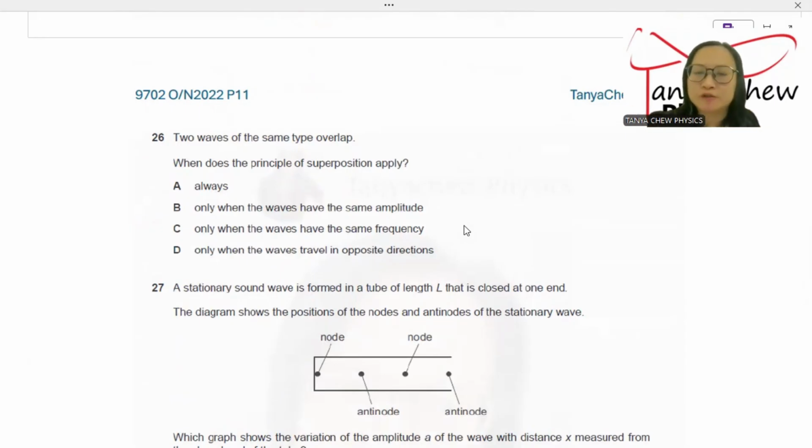The principle of superposition states that the resultant displacement of two waves that meet at a point, whether they are traveling in the same direction or in opposite directions, as long as the two waves meet at a point, is equal to the sum of the individual displacements. So as long as they overlap at one point, the principle of superposition is always applicable.